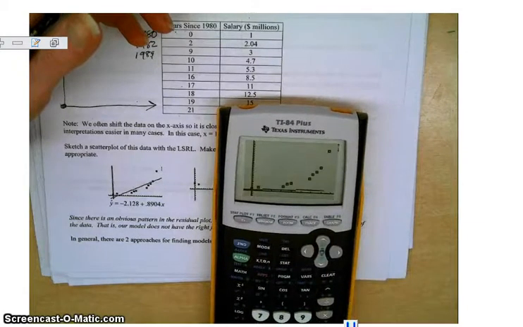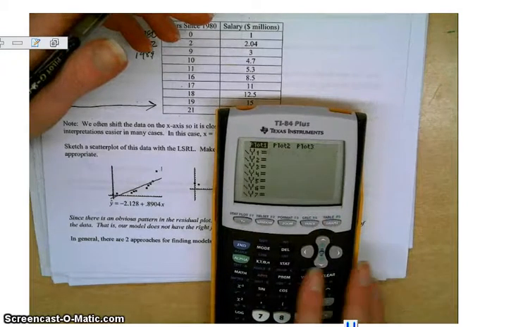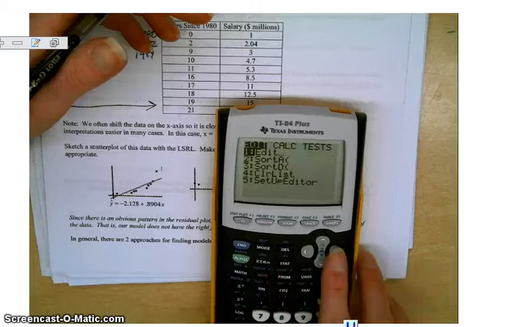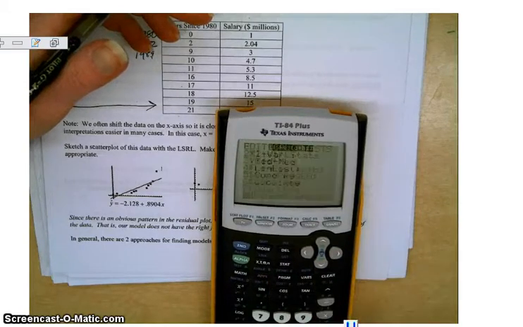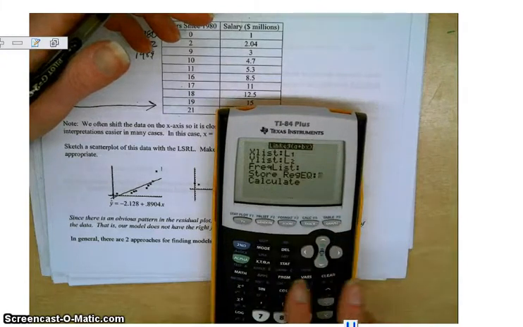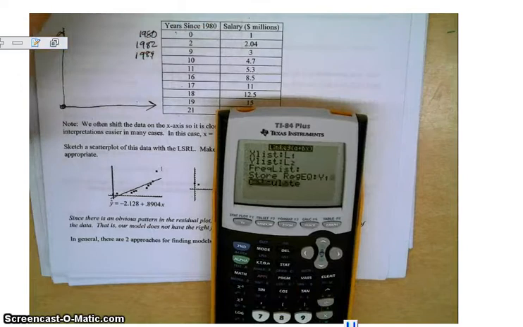I'm pretty sure that line on there shouldn't be there, so I need to go to my y equals and clear that out. Now I'm going to do stat calc. I'm going to do linear regression a plus bx with my lists. I'm going to store my regression equation in vars, y vars, enter, enter, and then I'm going to calculate it.